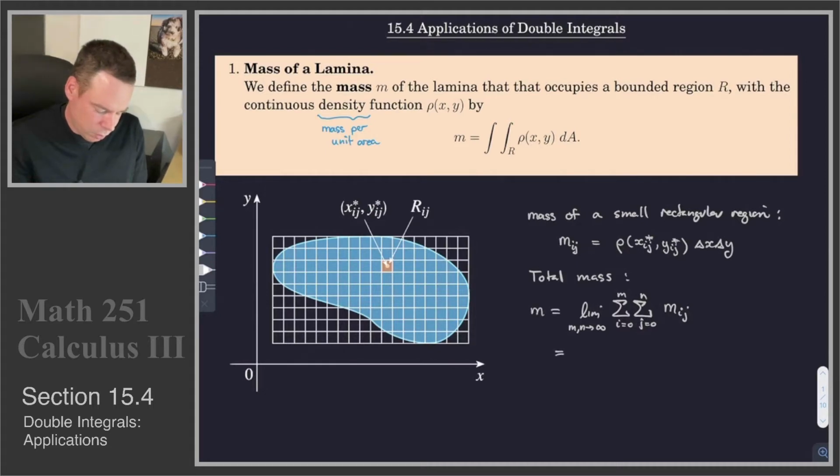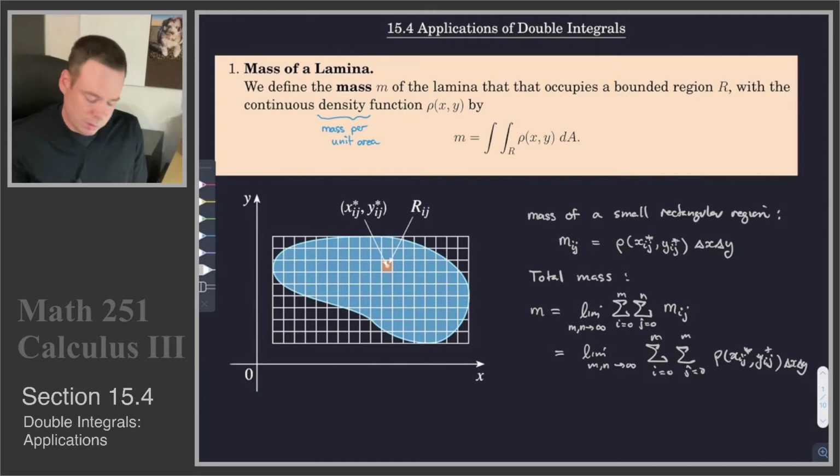So in other words, our total mass is the limit as m and n go to infinity of these sums, i equals 0 to m, j equals 0 to n. What is Mij? That's rho of xij star, yij star times delta x delta y.